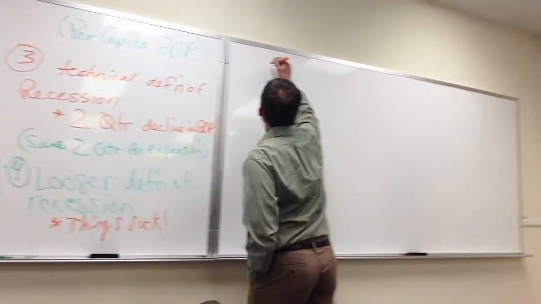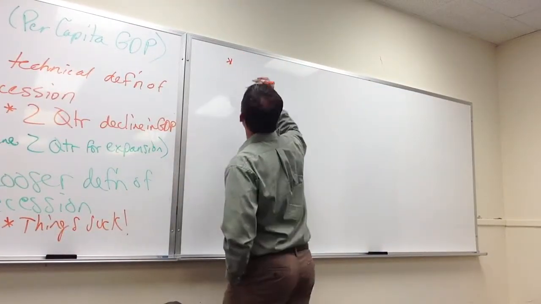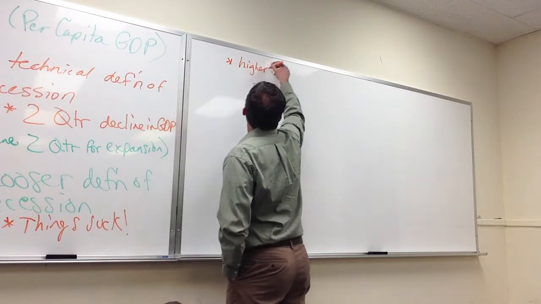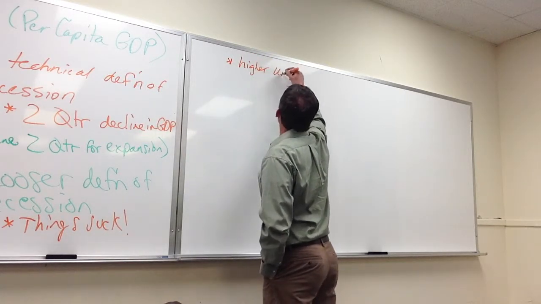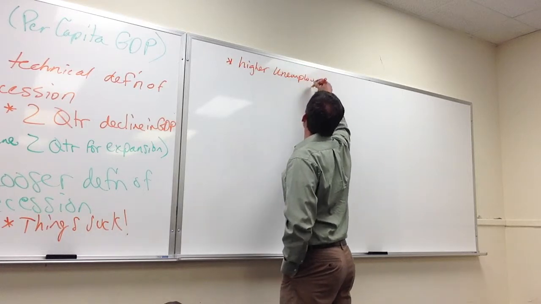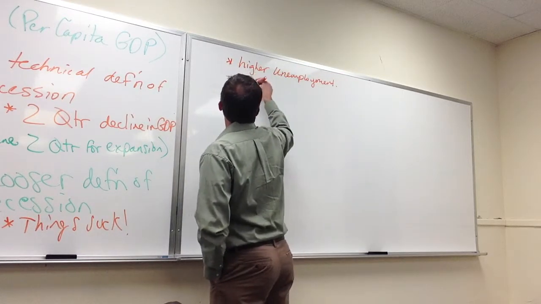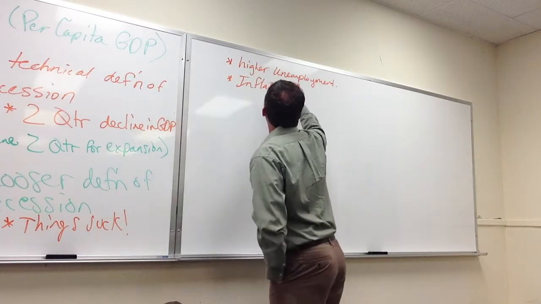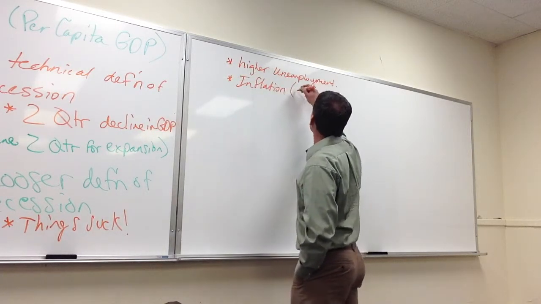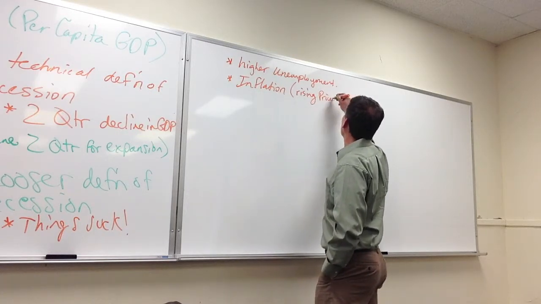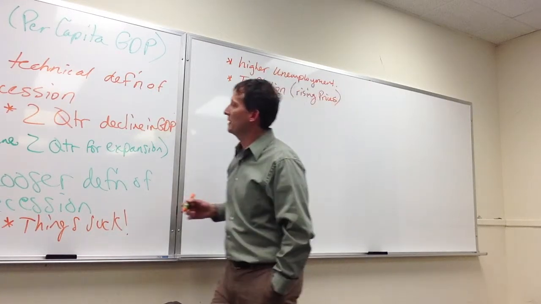So I'm just going to add some bullets on top of the things suck, like higher unemployment, possibly inflation, which we haven't got to defining yet, but rising prices, like you said, high gas prices maybe would be something.